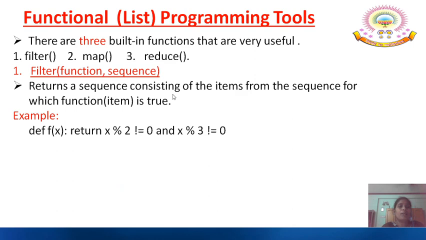Now there is a program. f(x) is a function which returns x mod 2 is not equal to 0 and x mod 3 is not equal to 0. You are calling the function with range 2 comma 25 using the filter function. What is it doing?